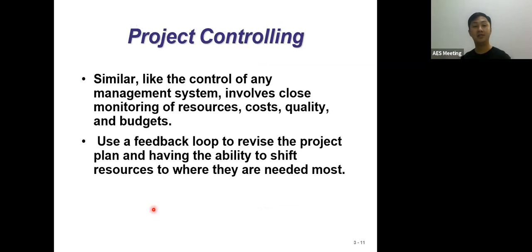Beyond that, we have project control. Ladies and gentlemen, as you can see, project control is about control for the management system. We have a number of controls for a project, including control in terms of resources. We can control in terms of quality, right? In terms of monitoring quality, we will go stage by stage.